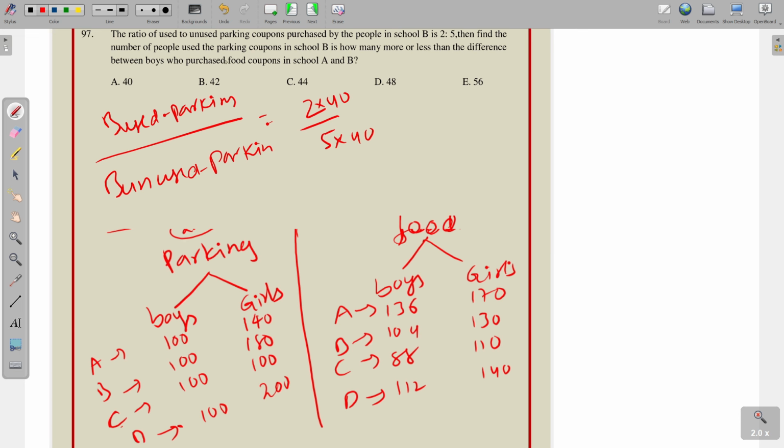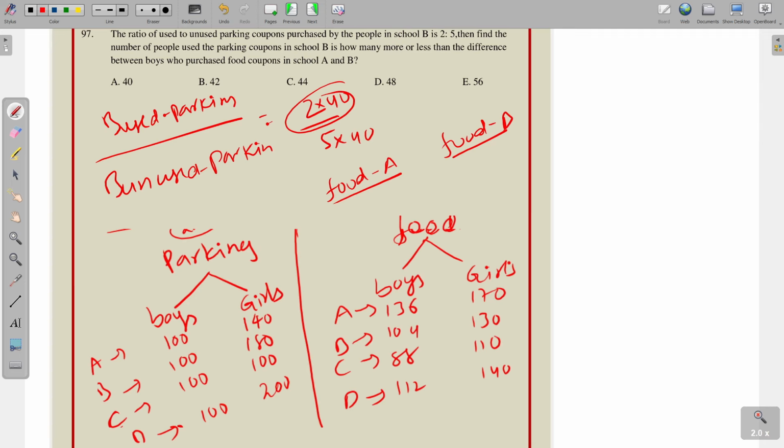But the number of people who used parking coupons in school B is how many more or less than the difference between food coupons of A and food coupons of B, these two difference.